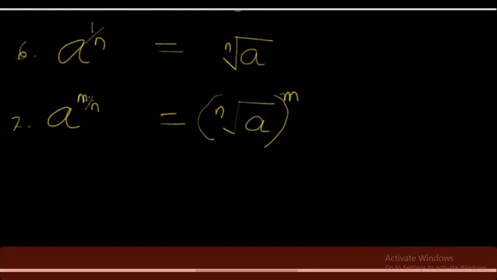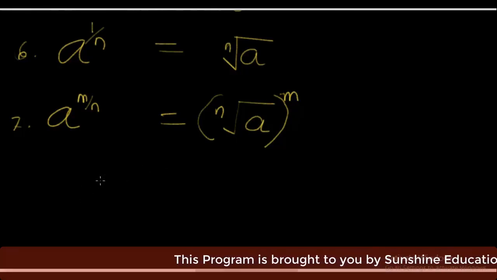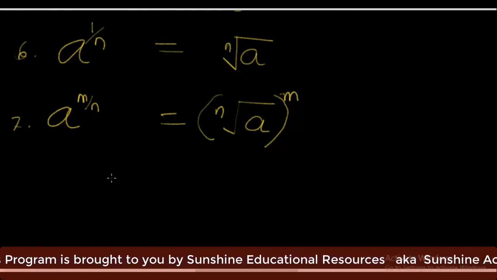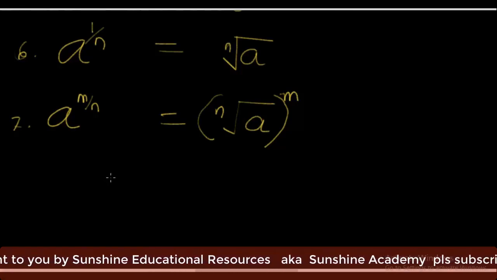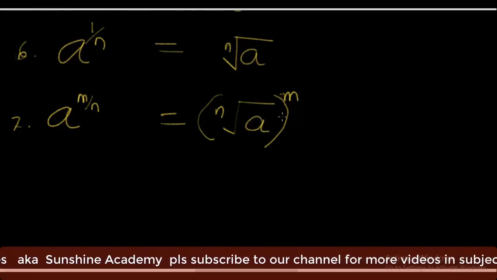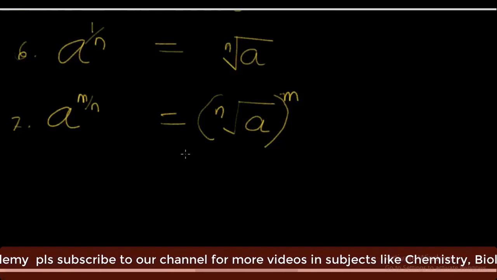So a raised to the power m over n is the nth root of a, all raised to the power m. So this is the last rule, or the last law, in the laws of indices. A raised to the power m over n is equal to the nth root of a, all raised to the power m.